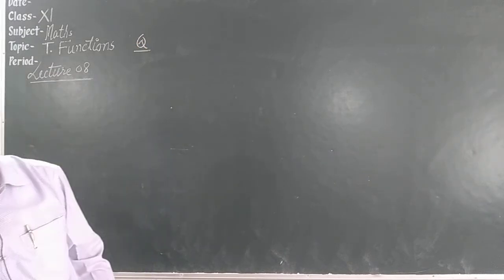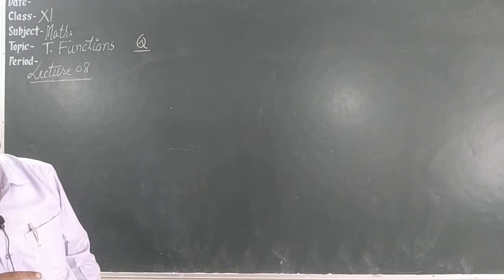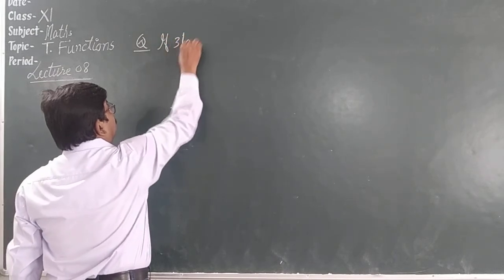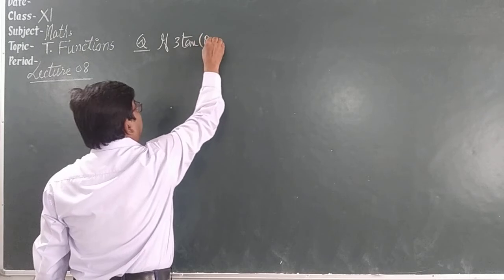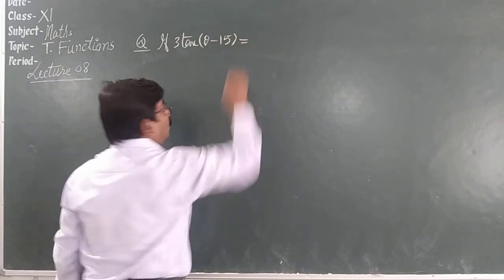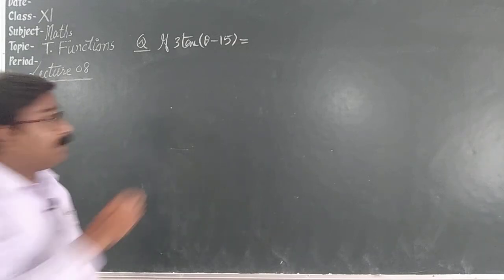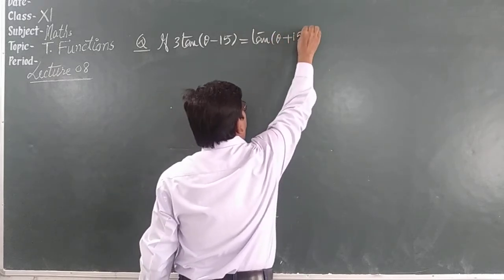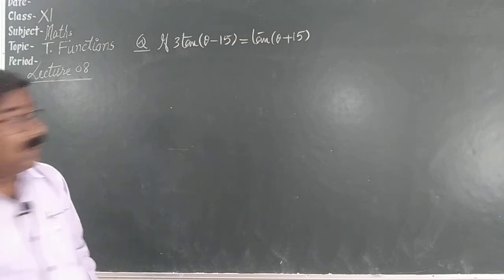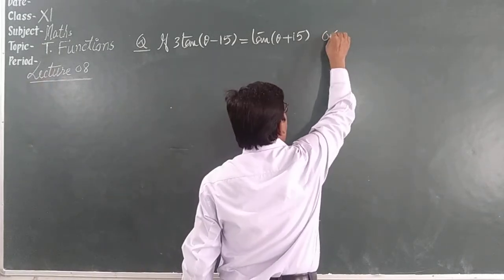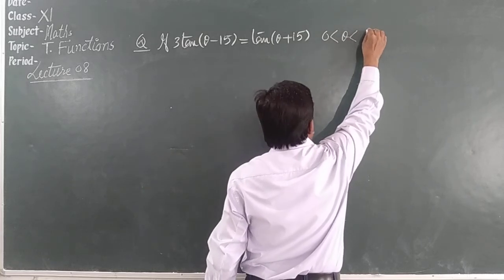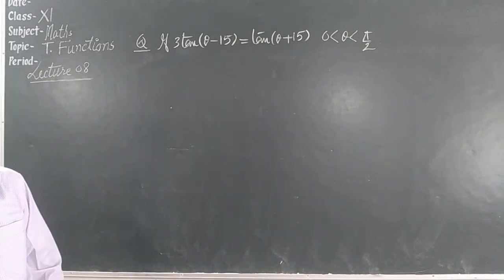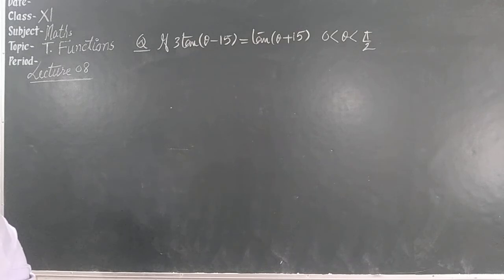If 3 tan theta minus 15 degree is equal to tan theta plus 15 degree, and given that 0 is less than theta is less than pi by 2, means theta is between 0 and 90 degree, then prove that theta is equal to pi by 4.